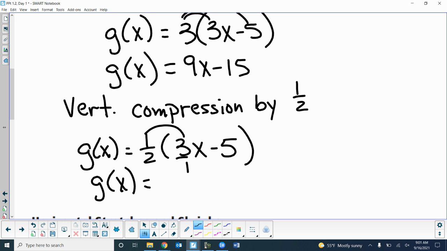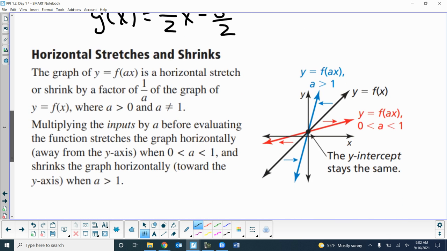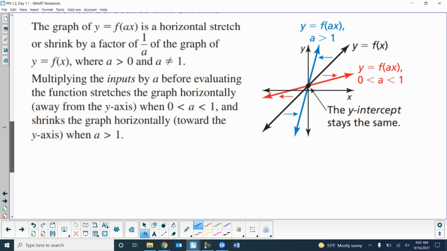Think of it like this. 1 times 3 over 2 times 1, and 1 times negative 5 over 2 times 1. Okay? Or 1.5x minus 2.5 if you use decimals. So those are the vertical ones. You just put it out front. Okay? Those are pretty easy. Basically what we've done already, right? Horizontal we haven't talked about much. Okay?